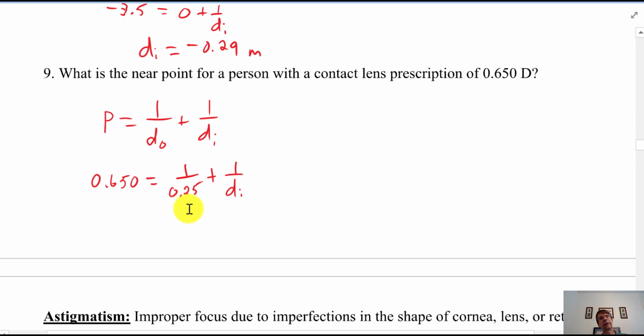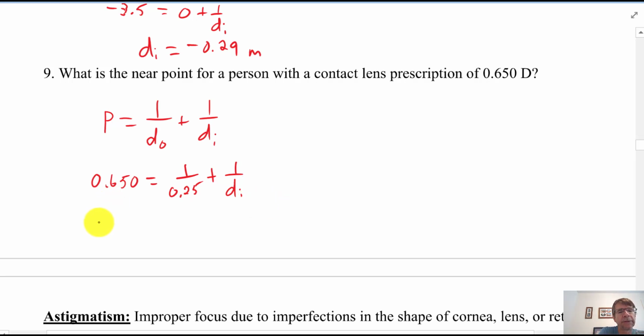Here we have an object that's 25 centimeters from your eye that you want to be able to see clearly, like a normal person. Then the image location for this lens is what you can actually accommodate.